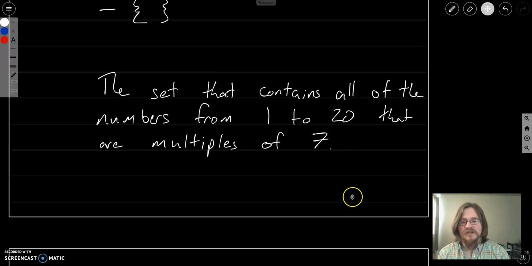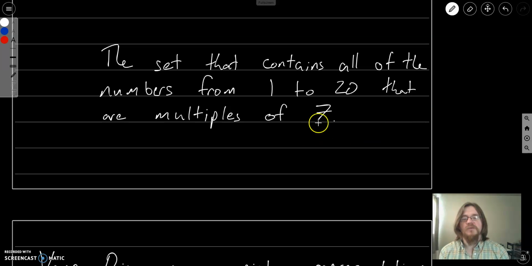And then let's do another example where we have to sort of figure out what sorts of things are in the set. So here we'll have a set that contains all the numbers from 1 to 20 that are multiples of 7. So again, we could write down all the numbers between 1 and 20, and then cross off the ones that aren't in our set. Or we could think about this maybe in a slightly different way. Let's write down all the multiples of 7 that we know.